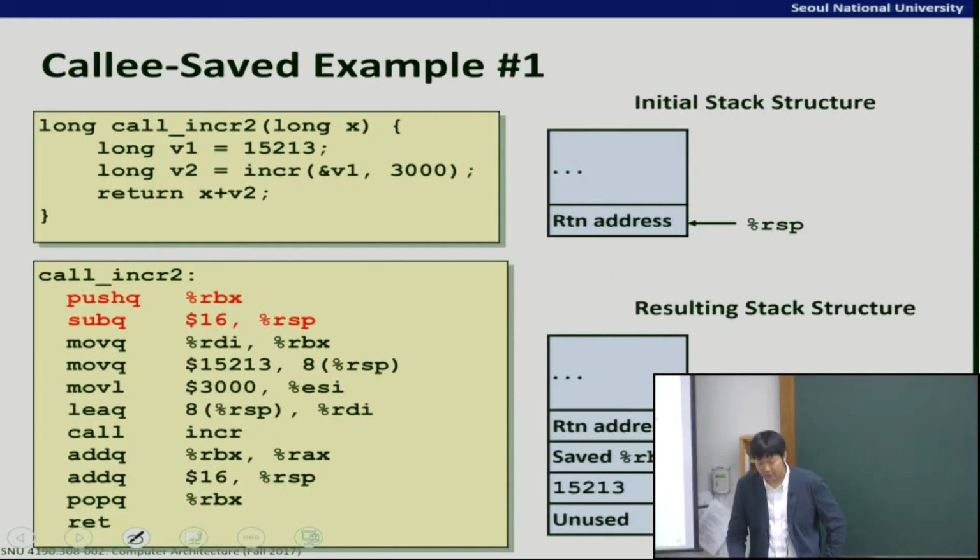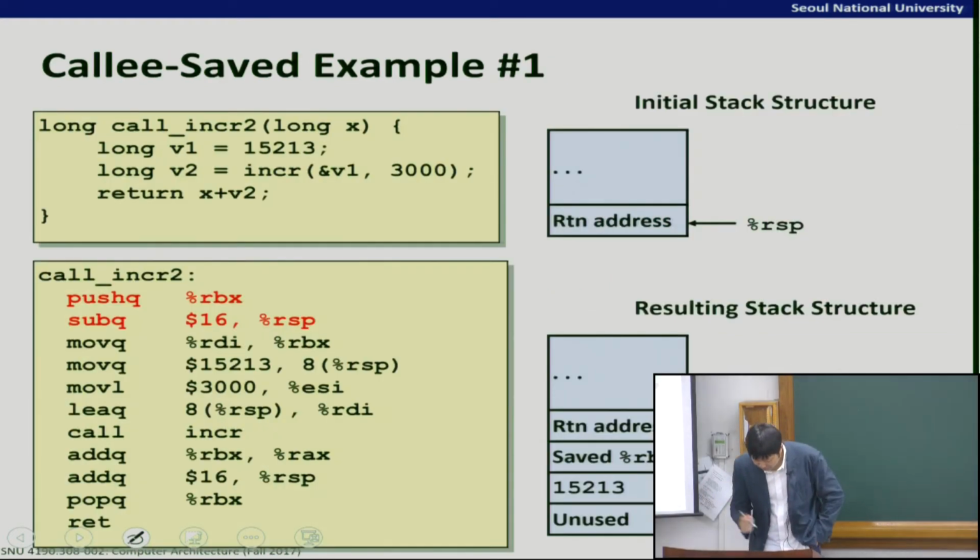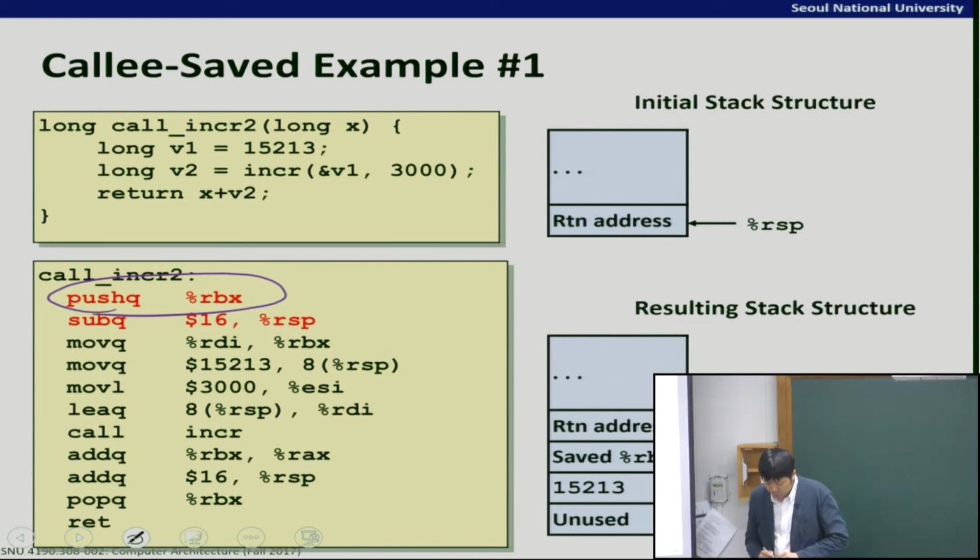Okay. So now we can understand what happens here. Let's see the caller and callee saved registers here. Again we see the same call to the incr2 function, and before we start the function, we first push the value of RBX.